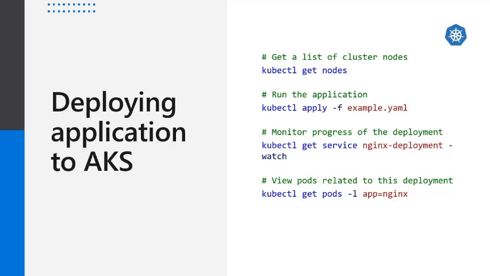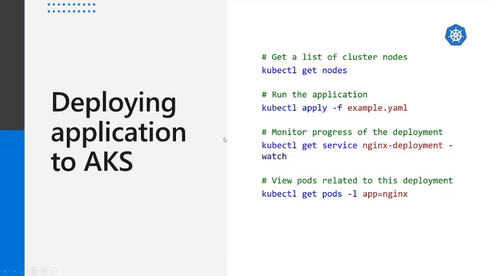Then you use the kubectl apply command to run the application described in the manifest example.yaml file. As the application is run, a Kubernetes service is created that exposes the application front end to the internet. This process can take a few minutes to complete.